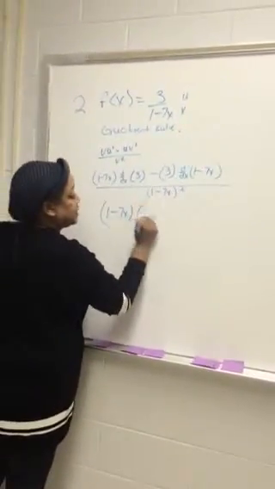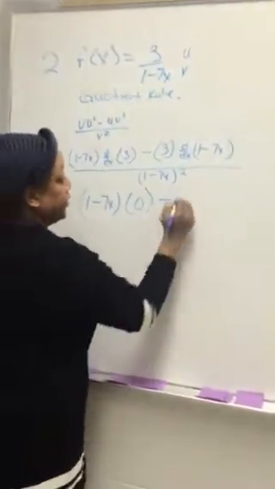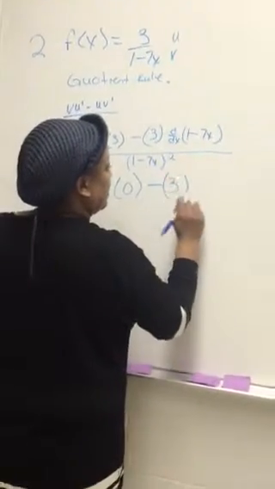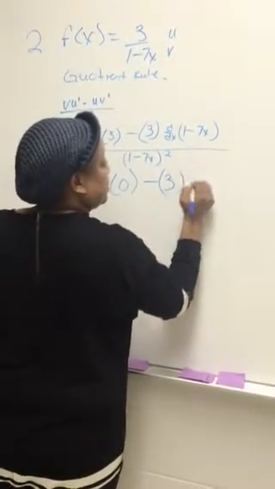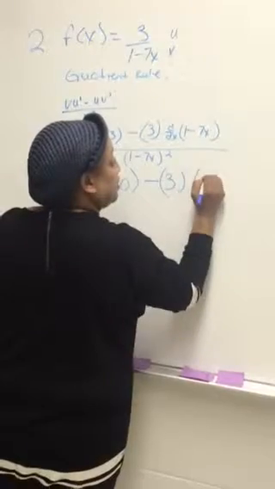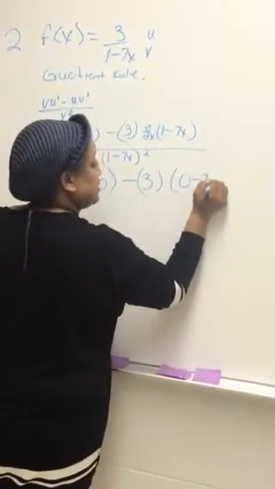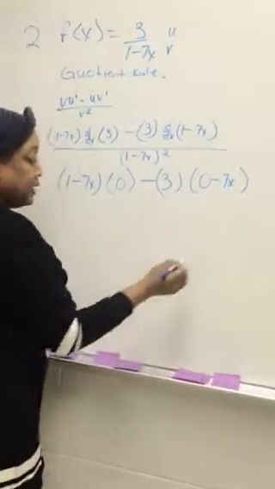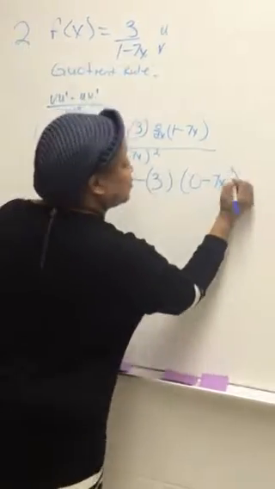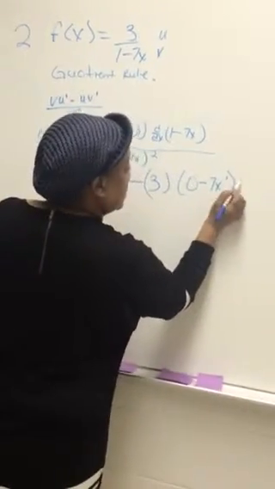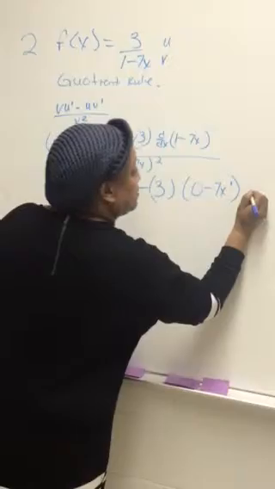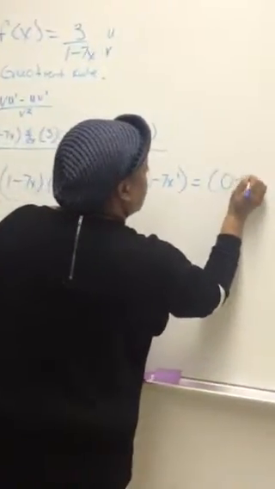So 1 minus 7x, and the derivative of 3 is 0, minus 3 times the derivative of 1 minus 7x. In this, the x might as well be 1. Well, it is 1. So that's going to end up being 0 minus 7.